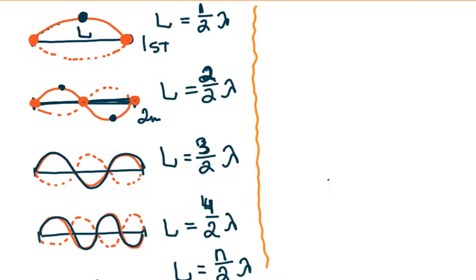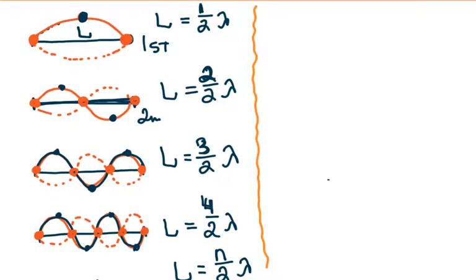And the third harmonic has 4 nodes and 3 antinodes. And the fourth harmonic has 5 nodes and 4 antinodes.